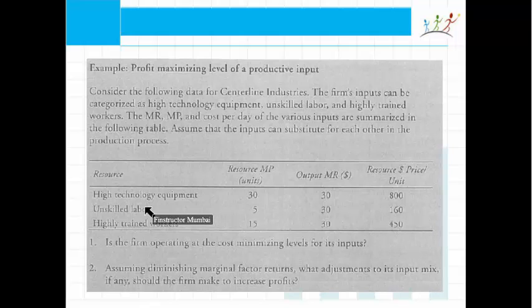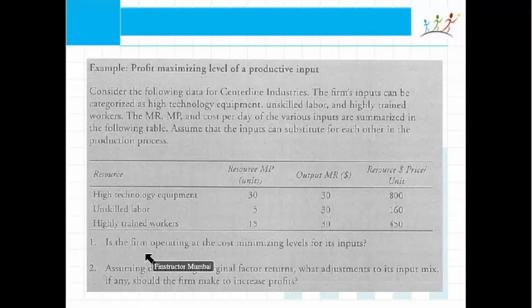Each unskilled labor will produce 5 units. Each unit can be sold for $30 and the price of unskilled labor is $160 per labor. Each highly trained worker will give me 15 units. Each of those units can be sold for $30 and each highly trained worker costs $450.